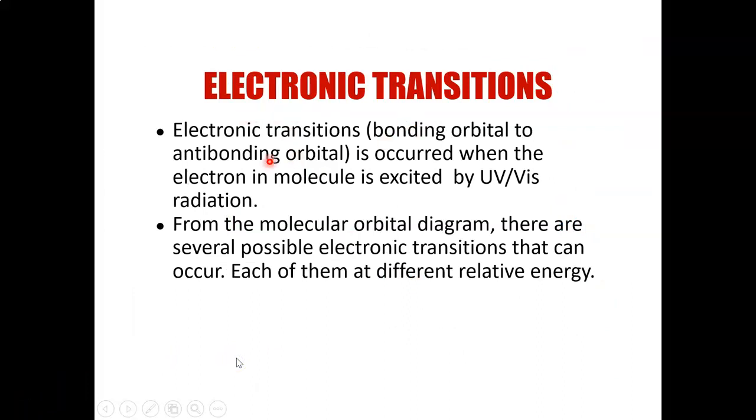Electronic transition from bonding orbital to anti-bonding orbital occurs when an electron in the molecule is excited by UV or visible radiation. From the molecular orbital diagram, there are several possible electronic transitions that can occur, and each of them has a different relative energy.